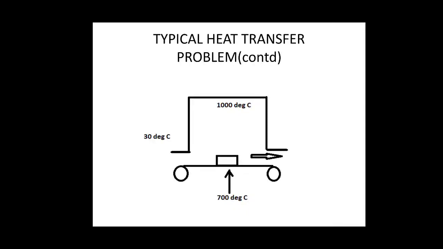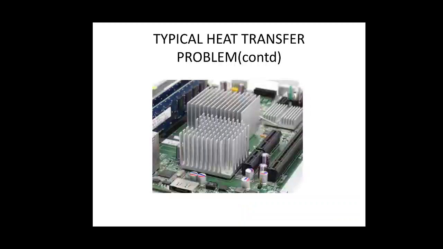At what velocity should I roll the roller so that before reaching out, the temperature of this particular metal surface reaches 700 degrees Celsius? After going through this course, I will be able to calculate what should be the velocity also.